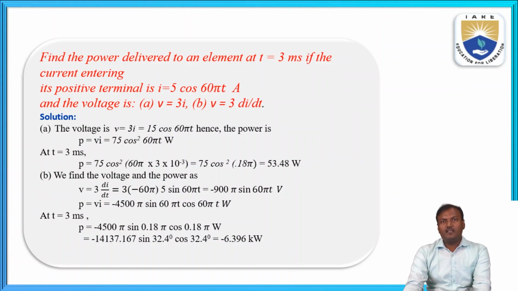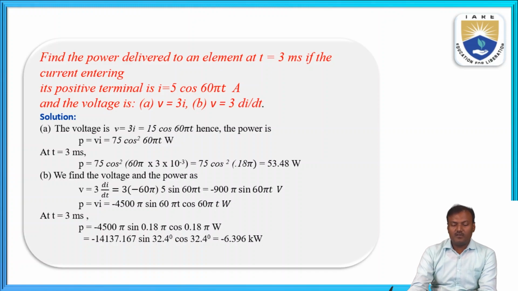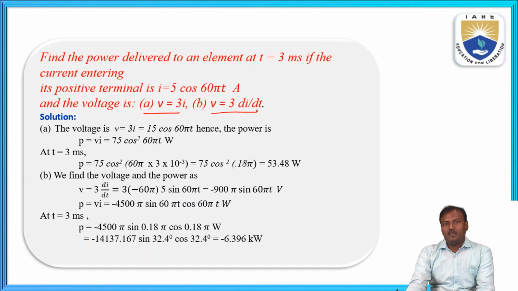Next one is: find the power delivered to an element at time t equal to 3 milliseconds if the current entering at its positive terminal is i equal to 5 cos of 60 pi t amperes, and the voltage is given in two cases. One is v equal to 3i, and the second is v equal to 3 multiplied by di by dt.